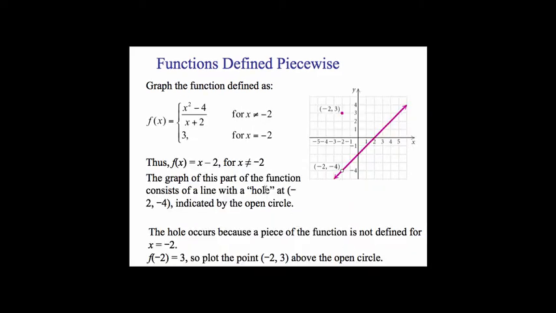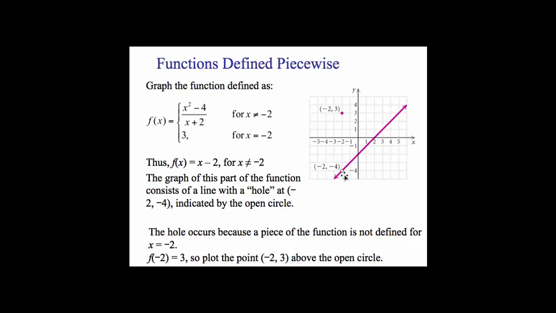So the difference between this one and the one that you just saw before is that it's only for one value that it is equal to 3, right? So for when x equals negative 2, it's 3. Otherwise, it's this function here. So we graph the function x squared minus 4 over x plus 2. Once again, you can point plot.